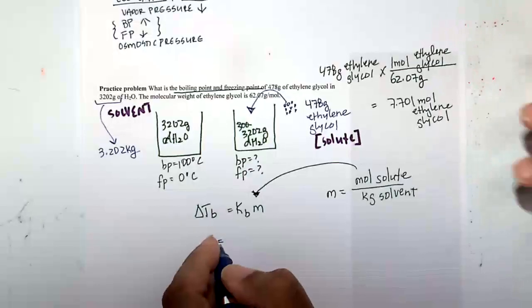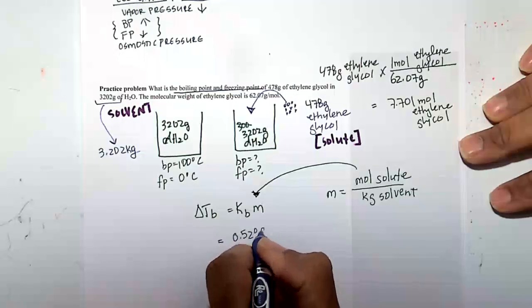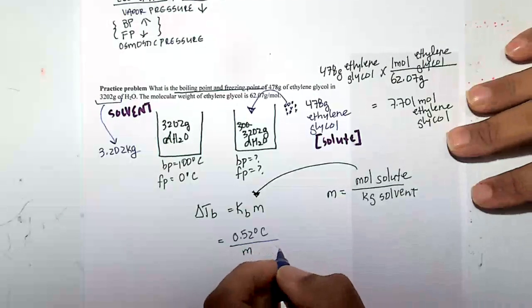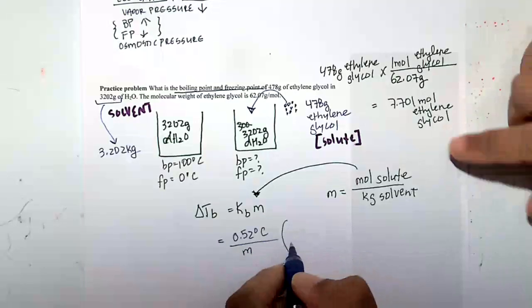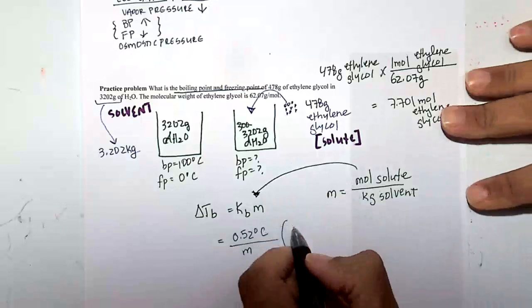So Kb, like I think Jacob mentioned before, is 0.52 degrees C over molal. I'll give you that constant on the exam. Times moles of solute, which is 7.701 moles.